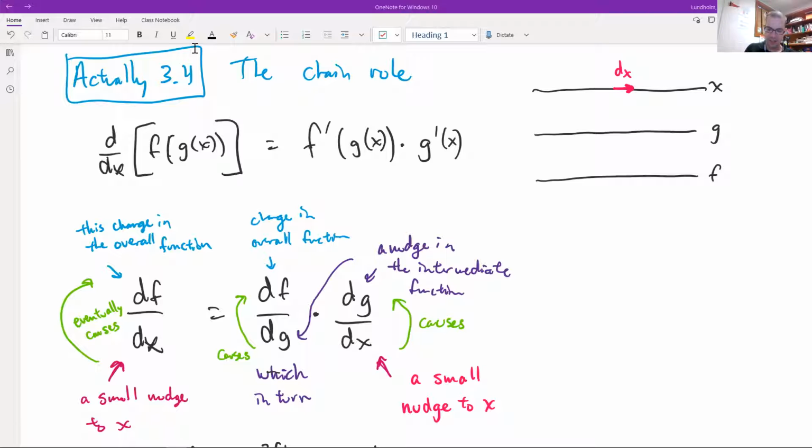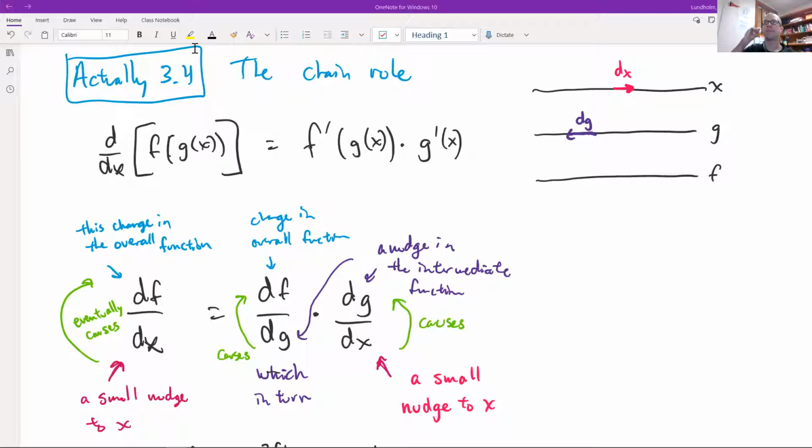And the idea is that this nudge in the input induces a nudge in the intermediate function. You know what? I'm going to use purple. And we could call this dg. But we realize that dg is going to be some function of dx.